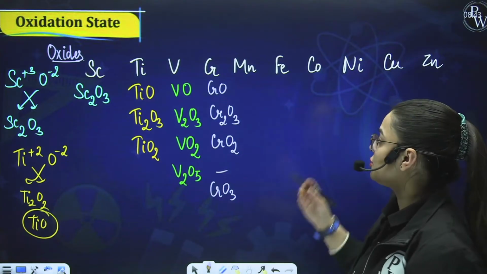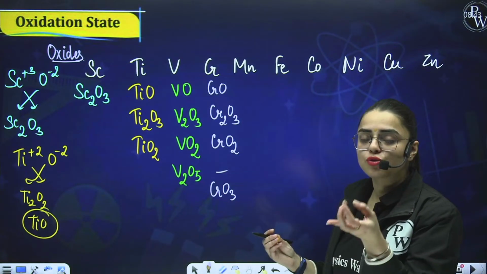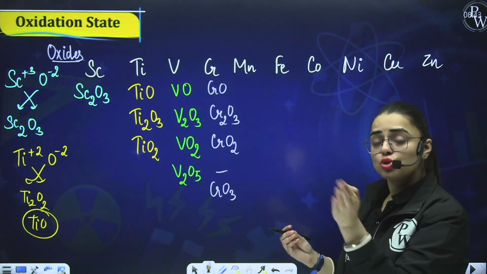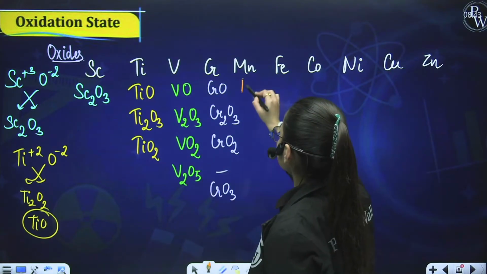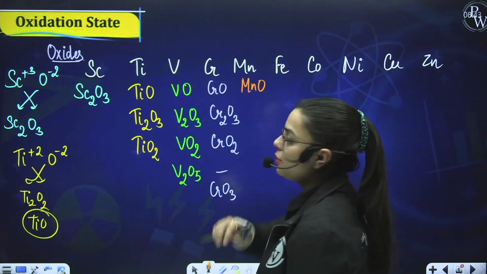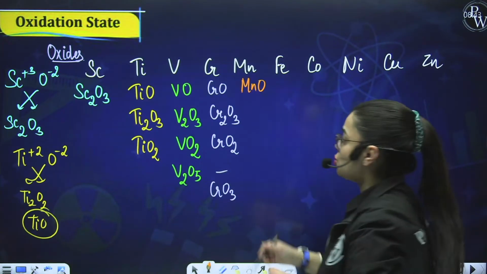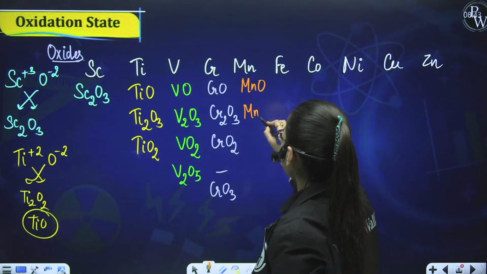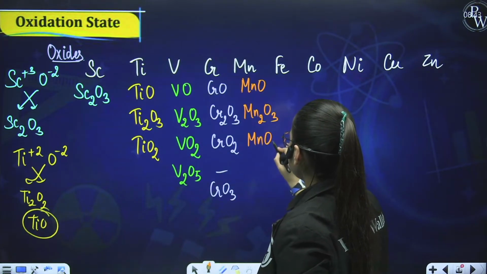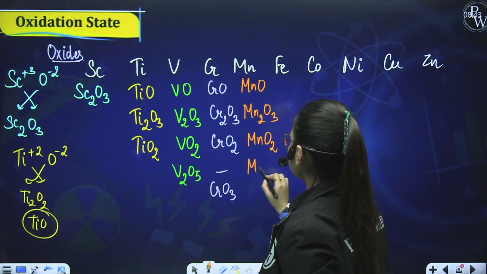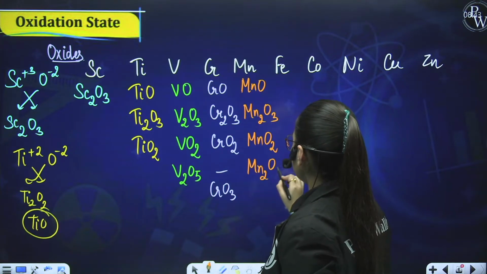Now manganese, students, if you remember, it can show +2, +3, +4, +5, +6, +7, from +2 to +7 oxidation state. So yes, we can form different compounds over here. If it shows +2, it will form MnO. If it shows +3, it will form Mn2O3. If +4, it is MnO2. If +5, it is Mn2O5.